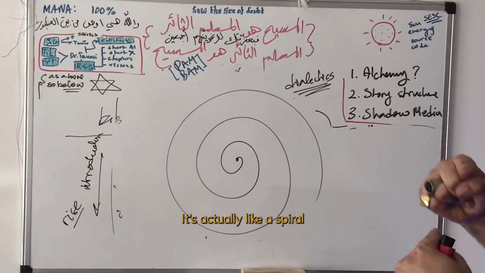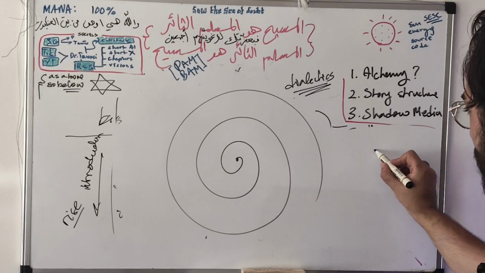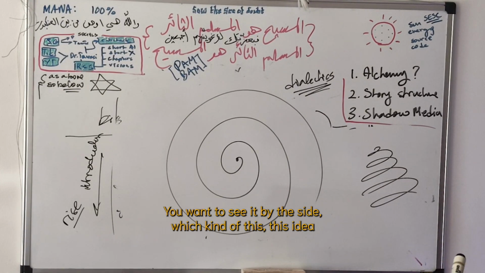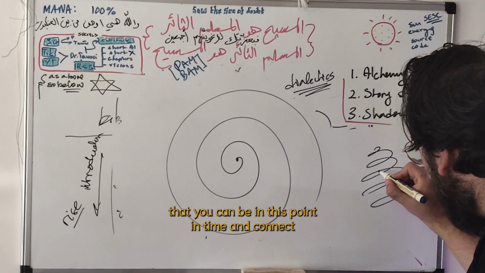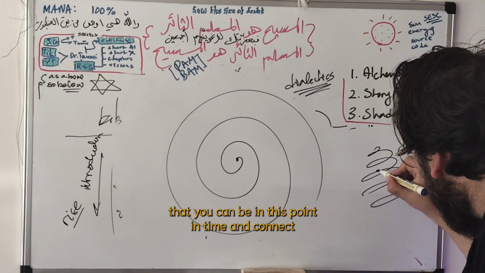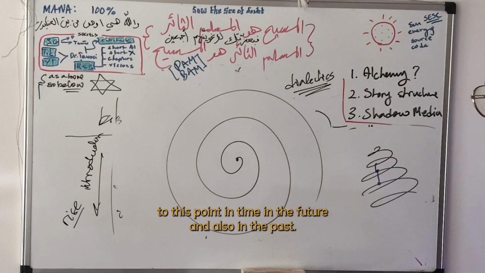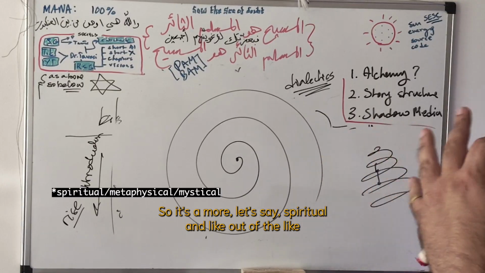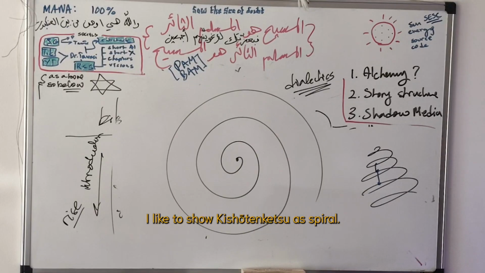It's actually like a spiral that keeps unfolding, if you want to see it by the side. This idea works with quantum theory because of entanglement, that you can be in this point in time and connect to this point in time in the future and also in the past. So it's a more spiritual, out-of-the-macro way of looking at this, which is why I like to show Kishotenketsu as a spiral.